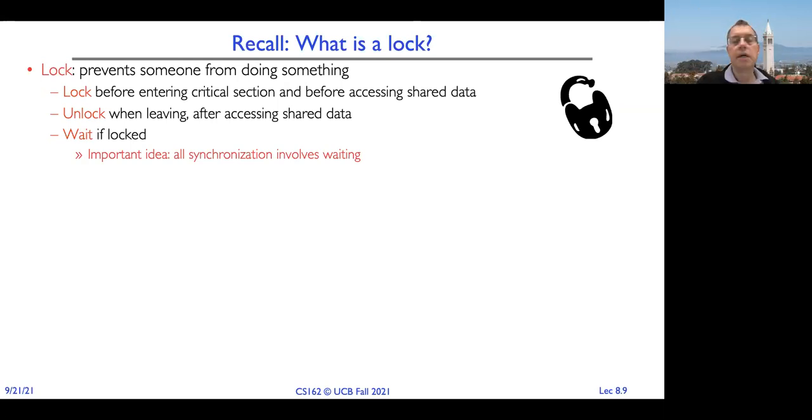And why is that? It should be obvious, right? Because if many threads want to enter the same critical section, and only one at a time can do it, this means that one will go into the critical section, and the other ones, what can they do? They have to wait. There is no way around it, right?